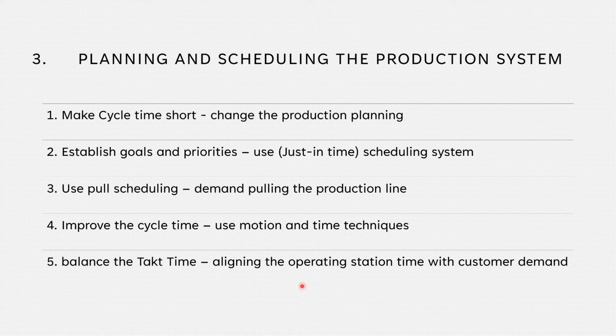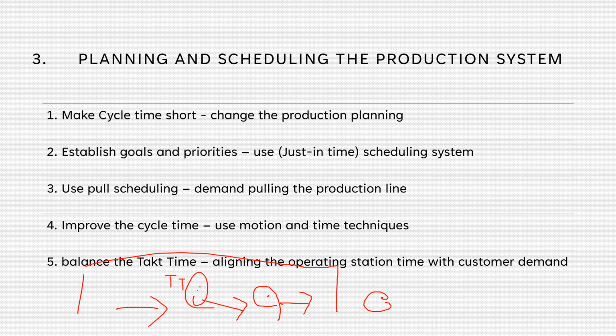The takt time is to align the operation station time with the customer demand. So you have the customer demand, and you have your production. The production has processes, and each has its own station. TT, takt time, is at each station. The cycle time runs from the raw material all the way to the end product, and here is your customer sitting right there.